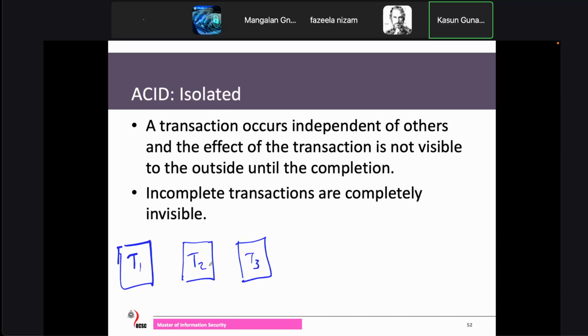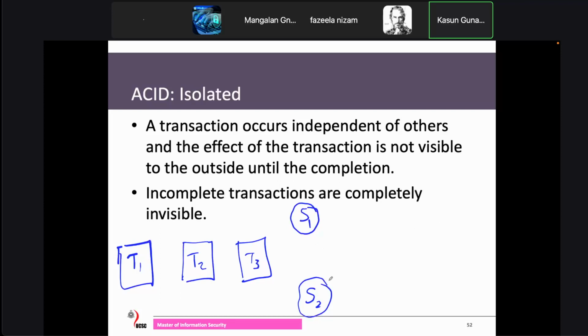After executing these three, it should come to a state, let's say S2, and it comes from S1. S1 is the state where we begin, and then we run these three transactions concurrently. It comes to S2.